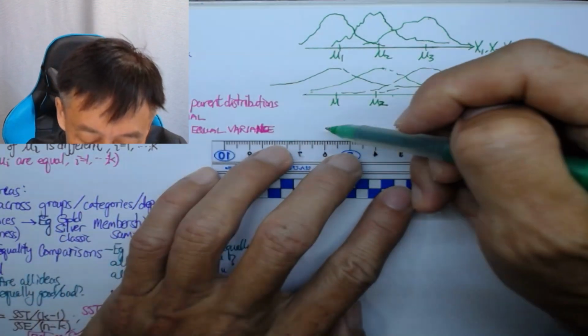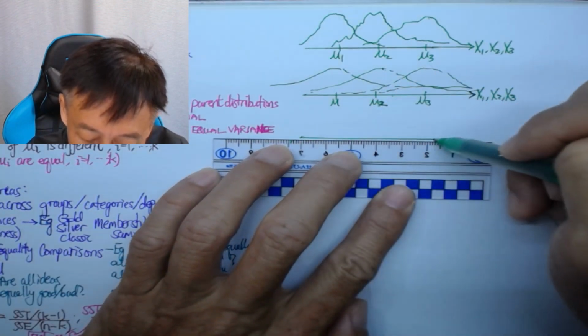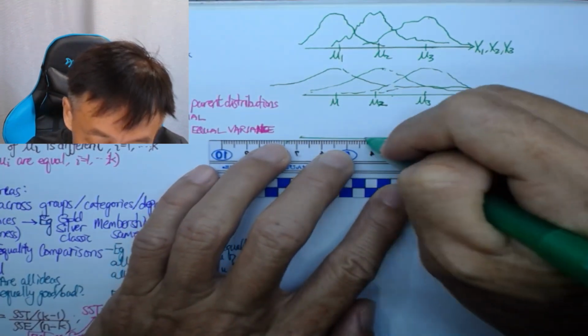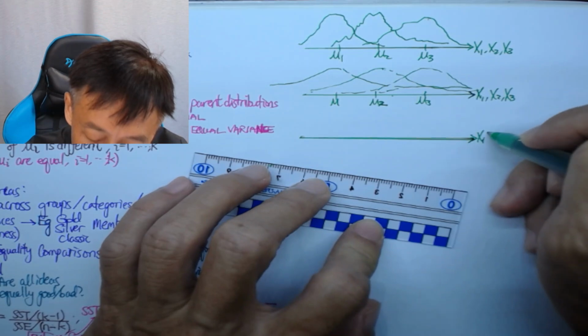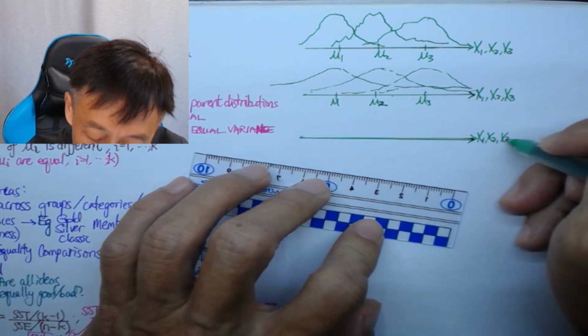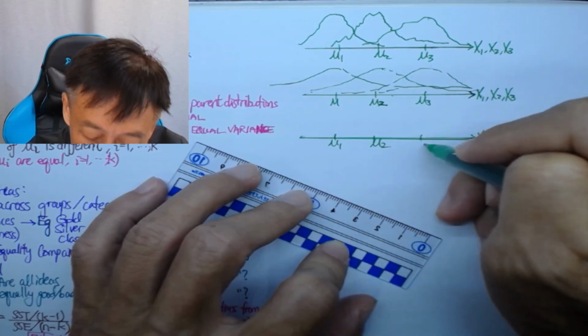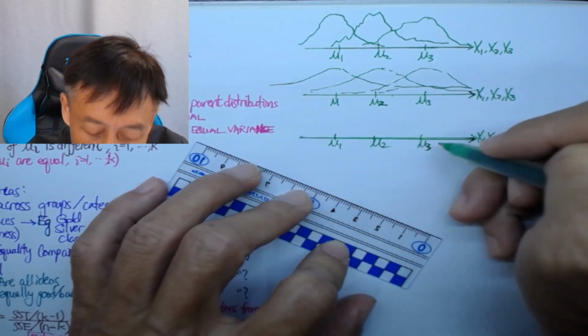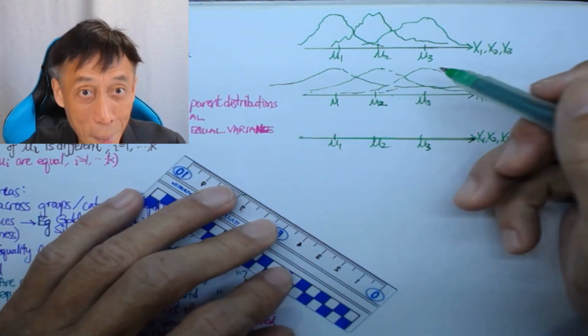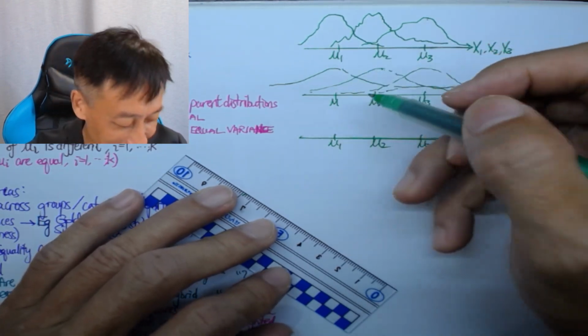Now, how about another situation? Also x1, x2, x3, also mu1, mu2, mu3, right? So we have mu1, mu2, mu3. But this time round, remember, we're not supposed to see the mountains, the clouds, right?